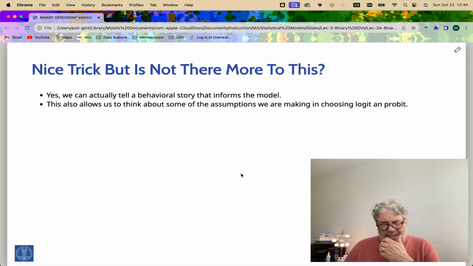Now, you might say, well, this is all a wonderful trick, and all you've done is basically replaced the linear probability model with a function F over the linear probability model. And in one sense, that's true, but we can come up with a behavioral rationale for these models as well. And that's what I would like to do next.